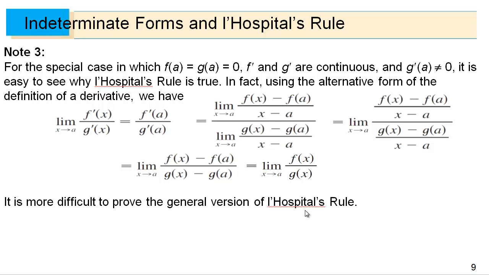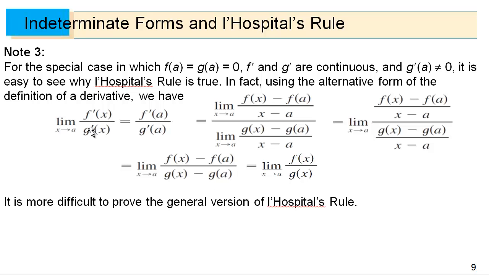The only reason we're choosing this case is it gives us the 0 over 0 indeterminate form that we normally have to do this. And it's a lot easier to see how it works when we're approaching a number rather than approaching infinity. But it can be generalized to all the other permutations.